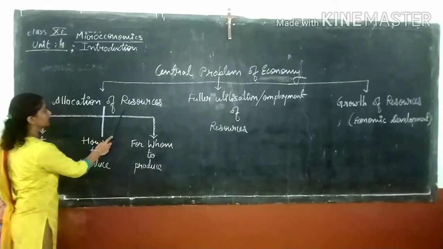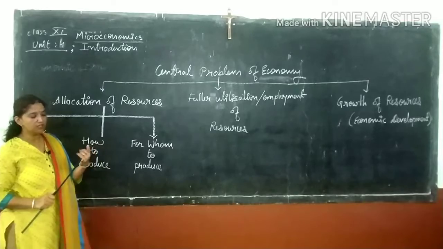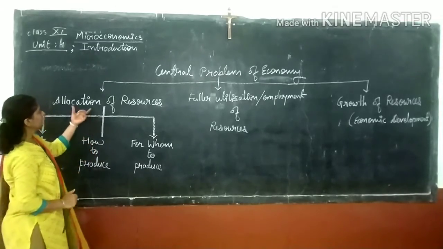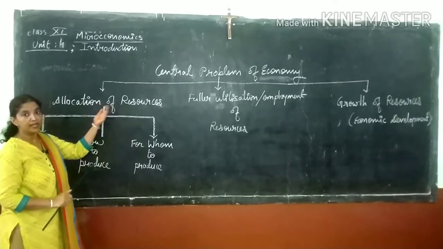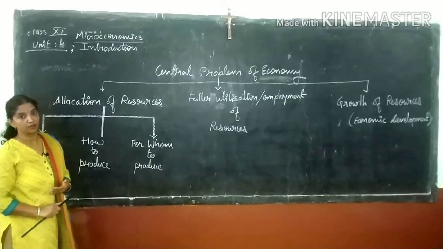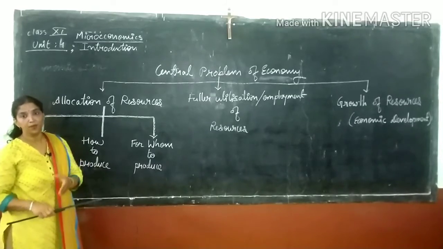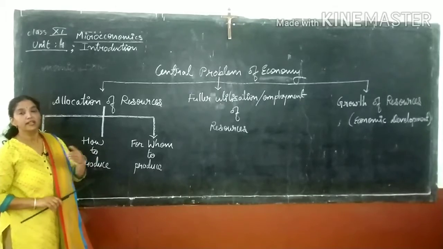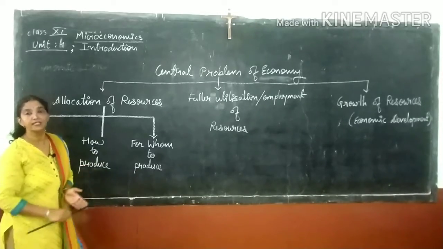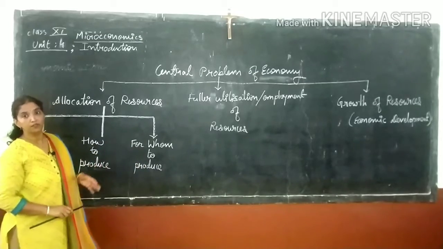Allocation of resources, this problem is about the utilization or distribution of resources according to their priority. On the basis of their importance in the economy, we have to divide the resources in different sectors of the economy or in different producing units.